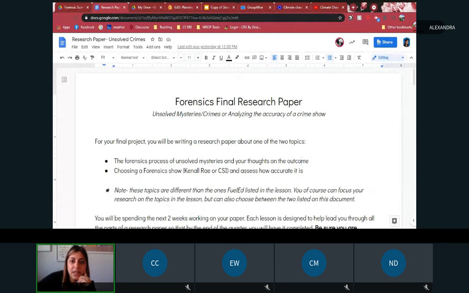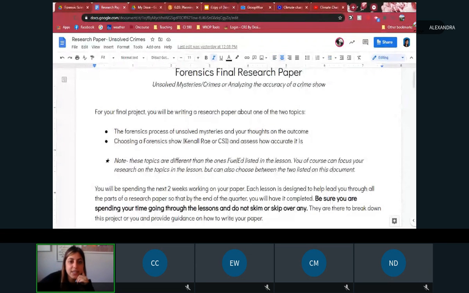So here are the 4 options. You've got one option, which is you can choose a forensics process, to research the forensics process of an unsolved mystery and your thoughts on the outcome. So that's anything. There are so many different places where you can find unsolved mysteries. There's a ton of Netflix documentaries.